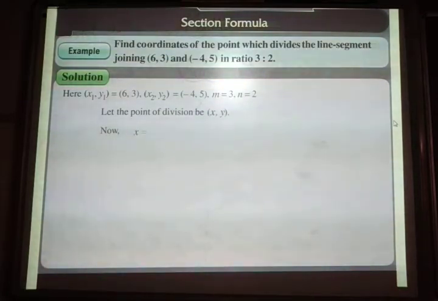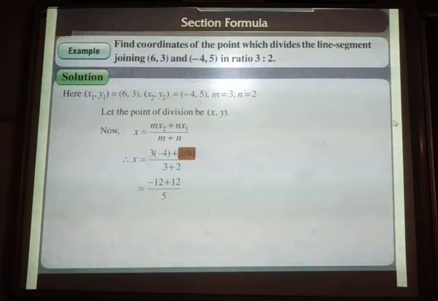Now, x is equal to (mx2 plus nx1) upon (m plus n). Therefore, x is equal to (3 into -4 plus 2 into 6) upon (3 plus 2), is equal to (-12 plus 12) upon 5, is equal to 0 upon 5, it is equal to 0. y is equal to (my2 plus ny1) upon (m plus n).